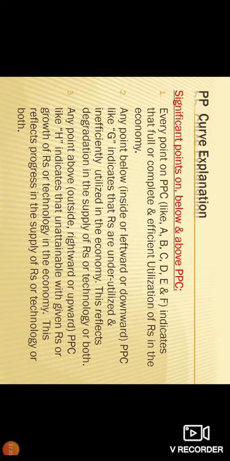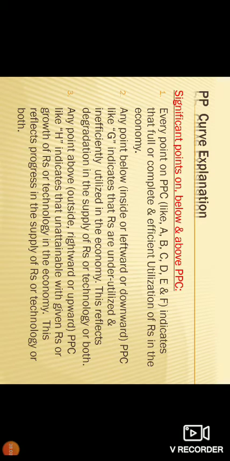There is no wastage. There is nothing called resources being inefficient. Therefore, only the production possibility curve from A, B, C, D, E and F indicates the resources are completely and efficiently utilized.